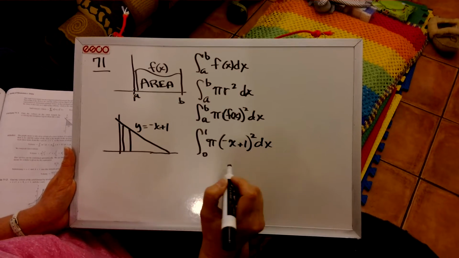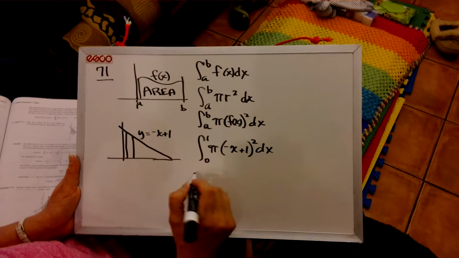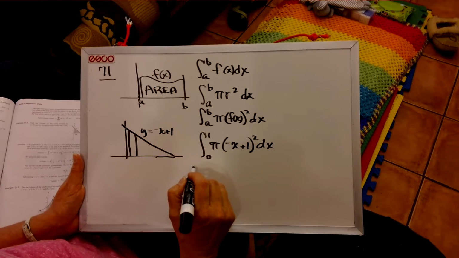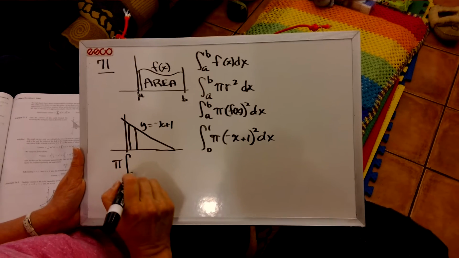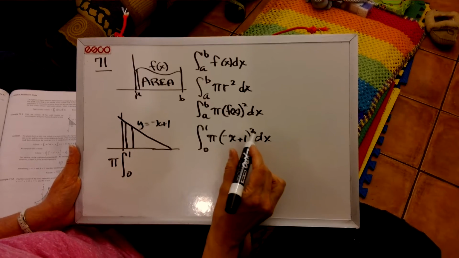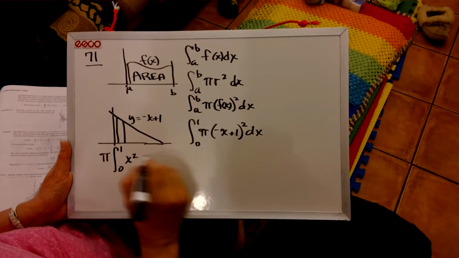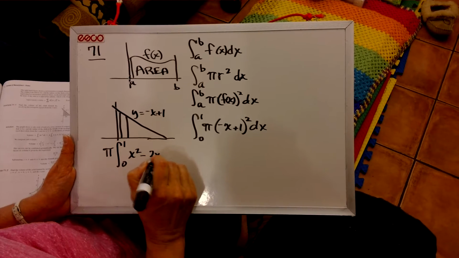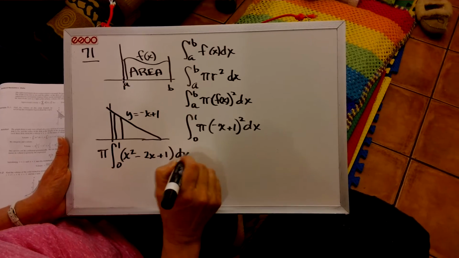dx. So remember, pi is just a constant, so we can move it to the outside. I'm going to come over here so I've got a little more room. From 0 to 1, negative x plus 1 squared is going to be x squared minus 2x plus 1 dx.